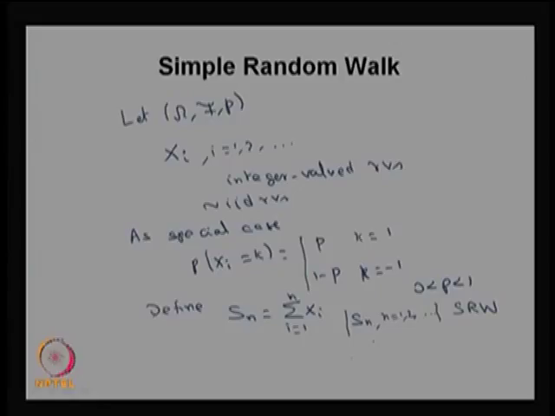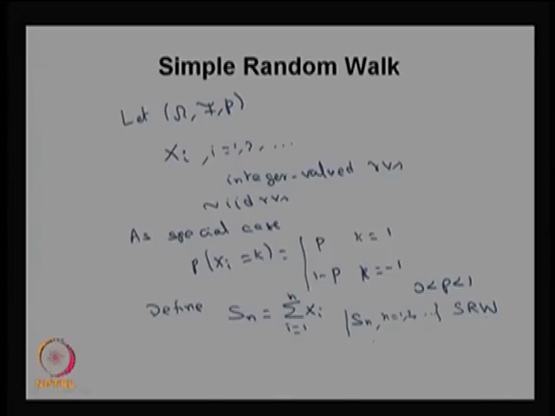Why is it simple? Because each random variable is integer valued, and each one takes the value 1 or minus 1.